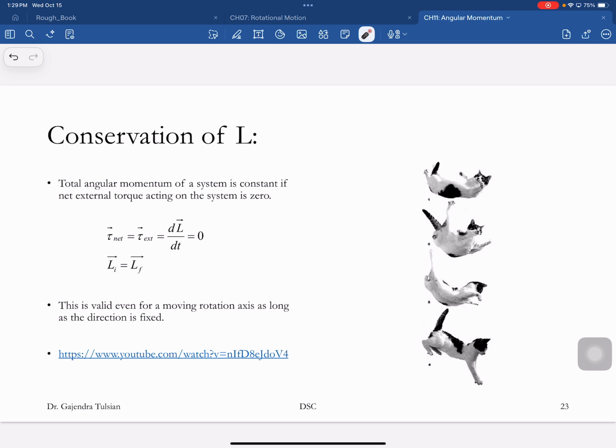The external torque is 0. So what we're saying is, as the cat drops, its angular momentum is constant. And apparently, you can watch this YouTube video, it'll always land on its feet.